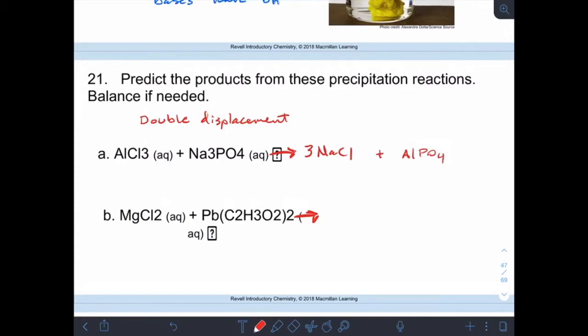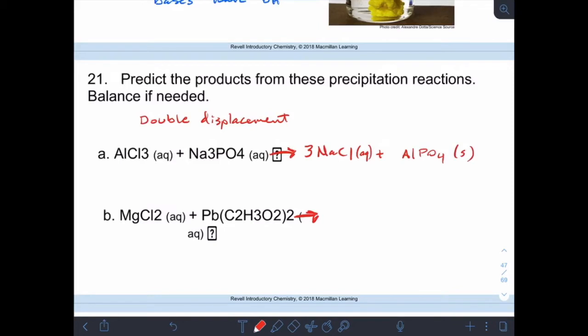I have 1 aluminum on the left, 1 aluminum on the right, and 1 phosphate on the left, and 1 phosphate on the right. Now, because this is 2 aqueous things together, we need to figure out if one of them makes a solid. And if you check back with your solubility rules, we find that anything with sodium is soluble. Okay? And then phosphates are generally insoluble.